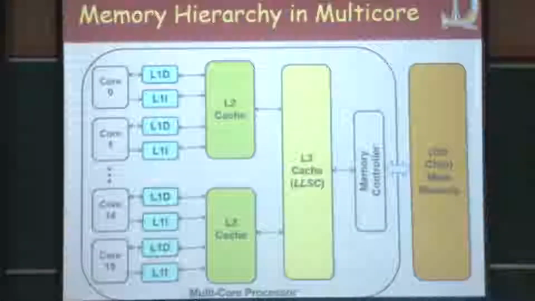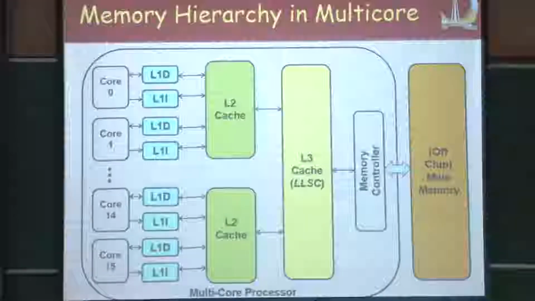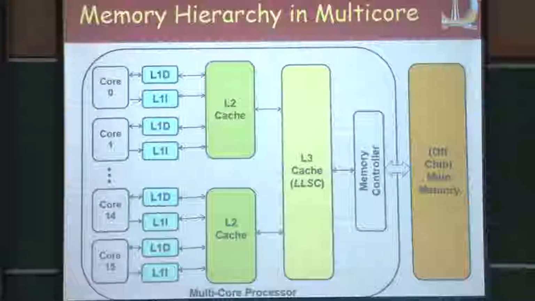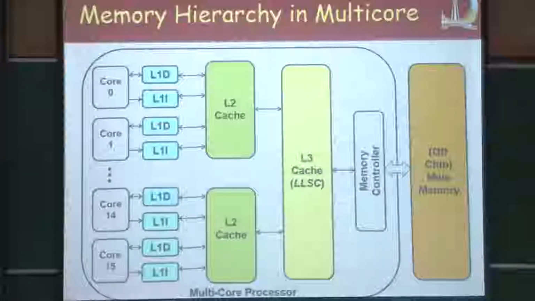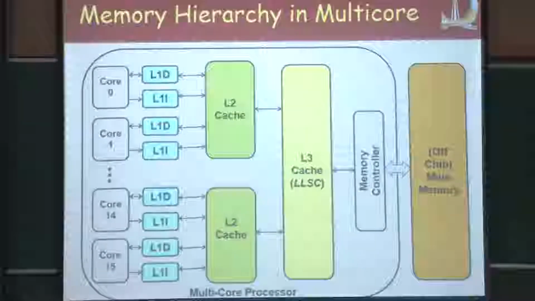Here is one more picture of the same thing. Again, I will not go into all the details. You could see there are multiple cores. This probably is more representative of today's processor. You can see that there are up to 16 cores here, each core having its own L1 instruction and data cache, and maybe some level of L2 cache which is shared by some of the cores, and then another L2 cache which is shared by some of the other cores and so on.